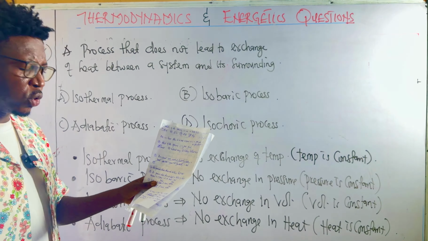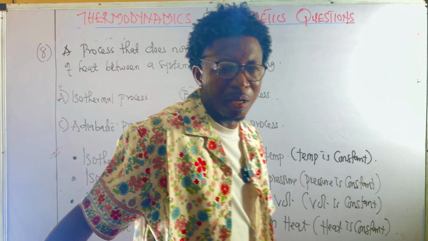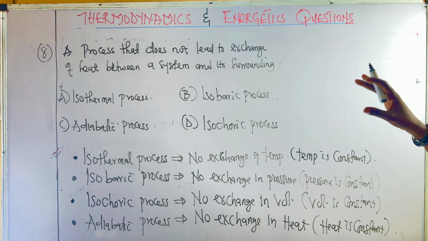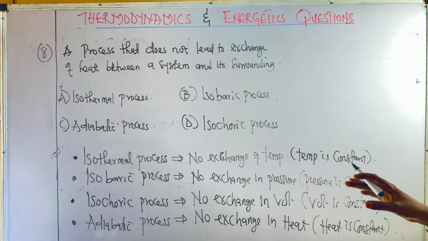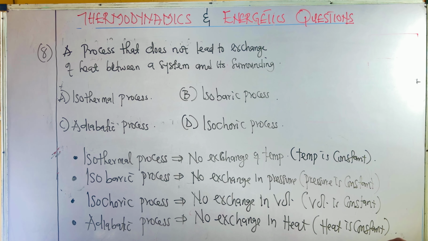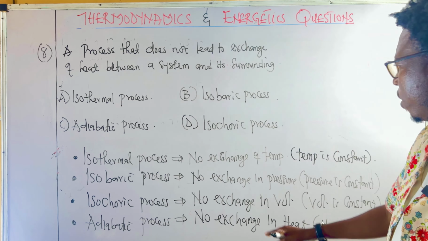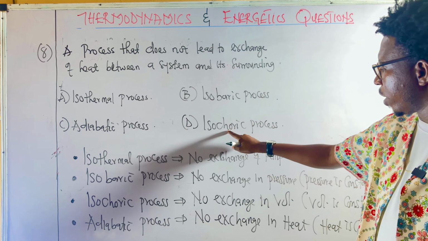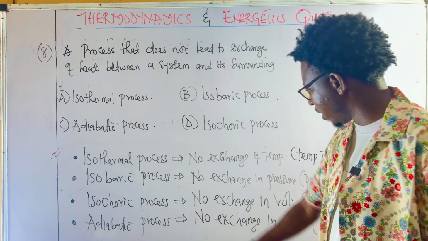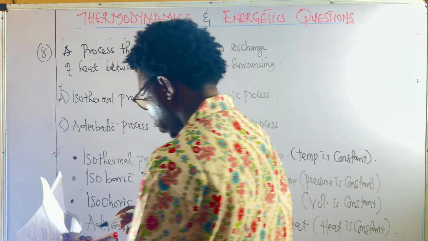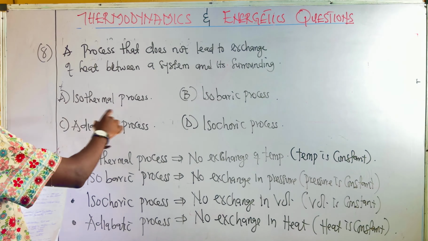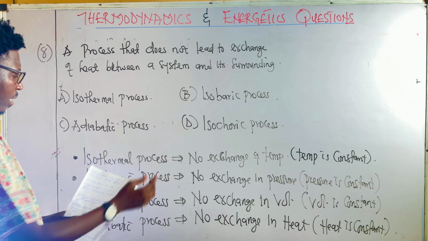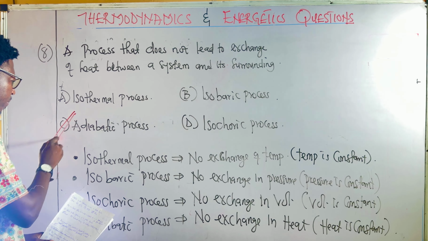Can we now answer this with the information given to us? A process that does not lead to exchange in heat between a system and its surrounding cannot be isothermal. Isothermal, no exchange in temperature. Isobaric, no exchange in pressure. Isochoric, no exchange in volume. Adiabatic, no exchange in heat. So the answer is not A, not B, not D. The answer is C.